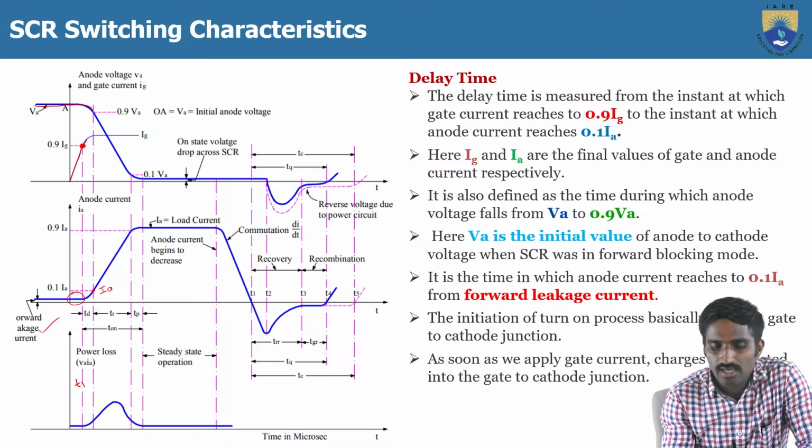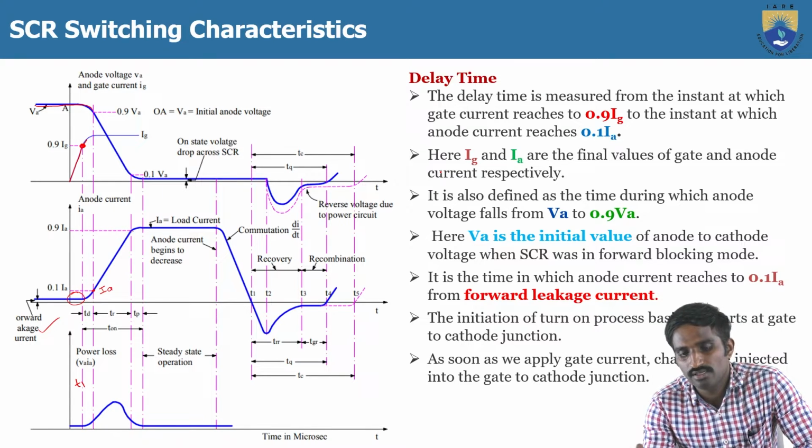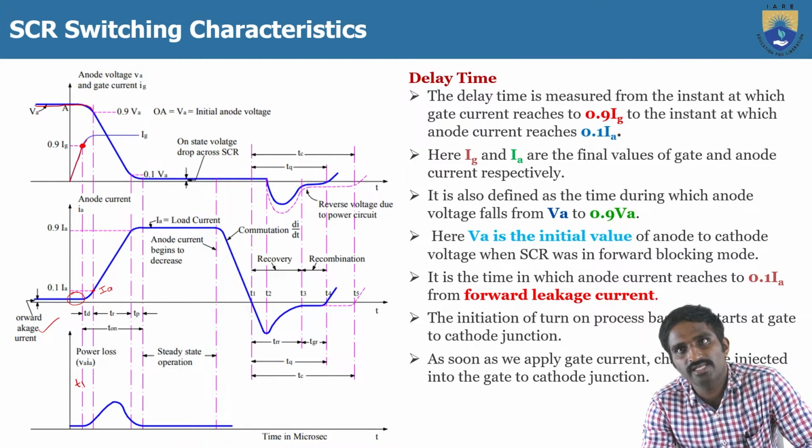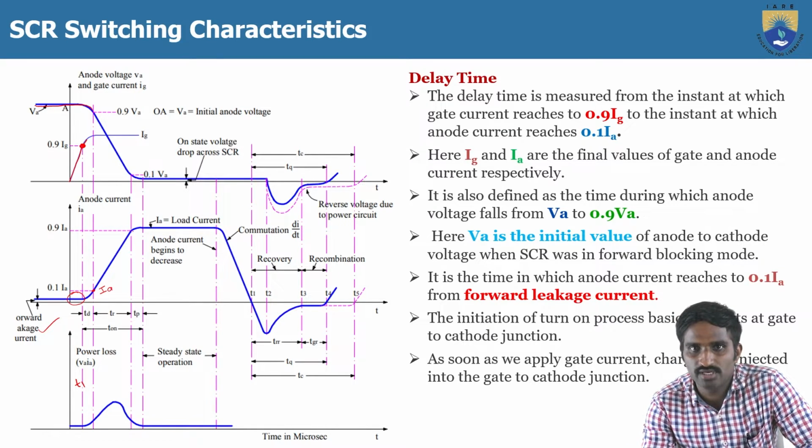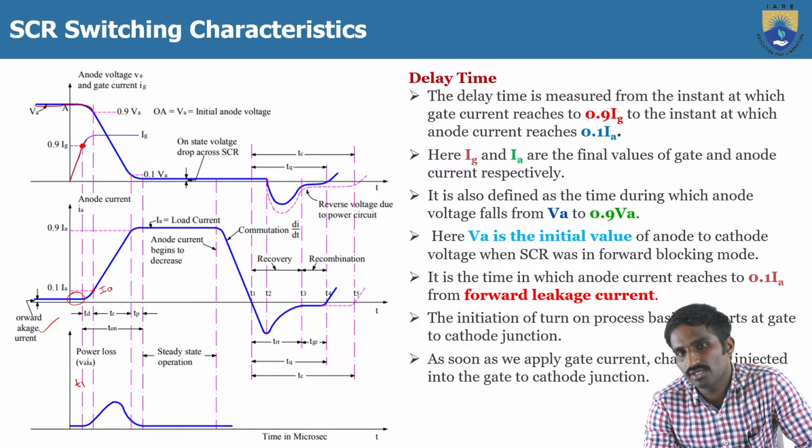Because here Ia and Ig are the final values of the gate and the anode current. Ia is the final value of the anode current and Ig is the final value of the gate current, which means Ig is the minimum gate current required to turn on the thyristor and Ia is the minimum anode current required to turn on the thyristor.